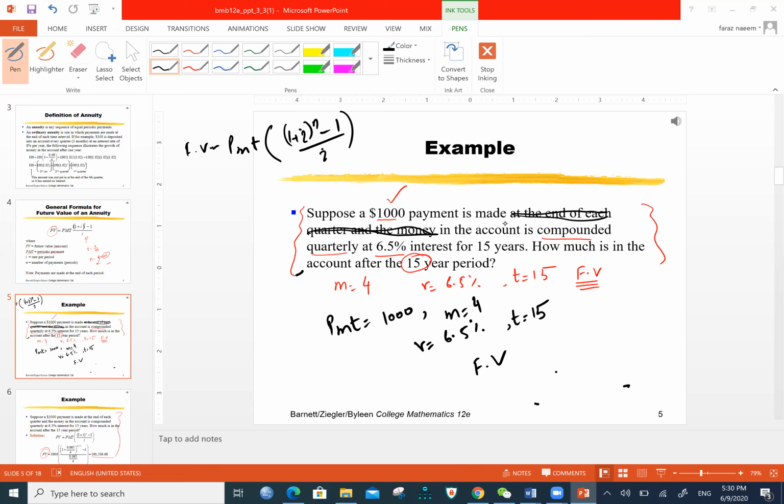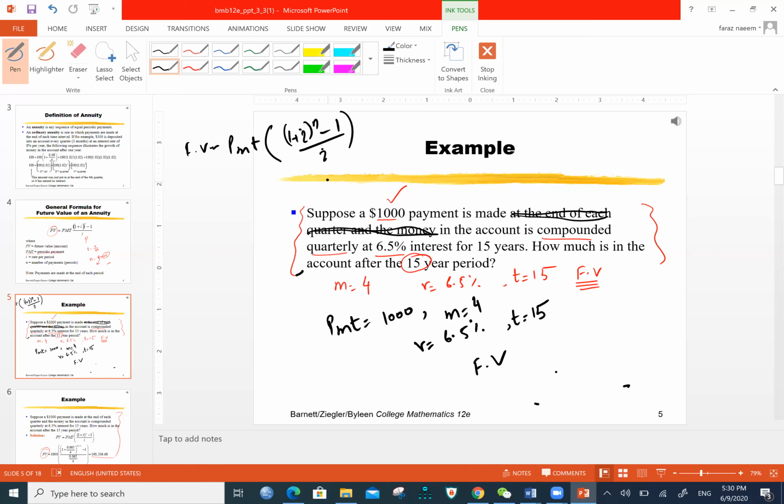For example, I say, suppose your first payment is $1,000 and you keep depositing up till 15 years quarterly. Now this word first deposit, I should write it.